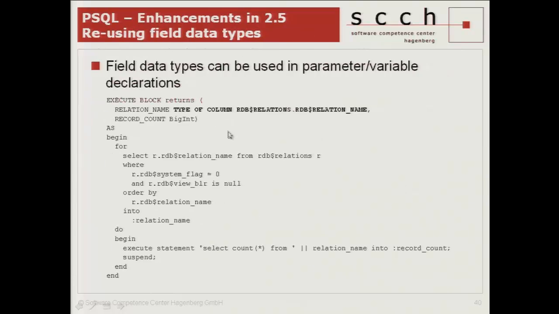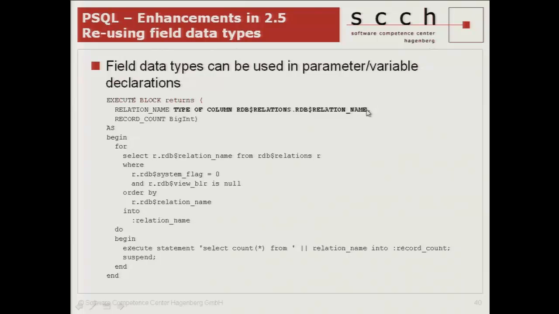What I also find quite useful, especially again if you're coming from Oracle, for instance, is that data type definitions can be either simple data types, or you can use domains. What you now also can do is write type of column and really specify a table field here.